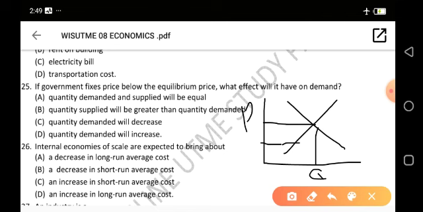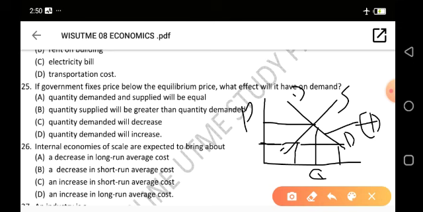So if this happens, remember, this is your demand and this is your supply. If government fixes the price, taking note of the laws of demand and supply, if the price reduces, demand will be more. You can see supply is low, and at the lower price demand is high. So in this case, we have what we call excess demand. Why? Because supply is low, because the law of supply states that the higher the price, the higher the quantity supplied, and the lower the price, the lower the quantity supplied. So in this case the price is low, definitely supply will be low.